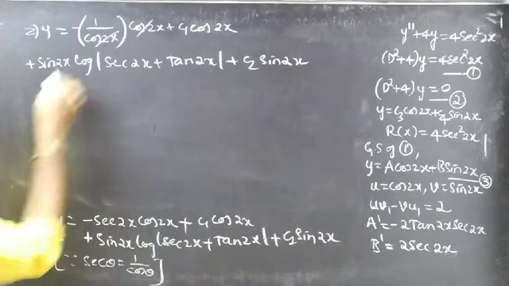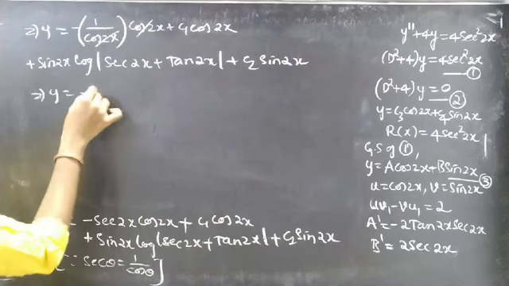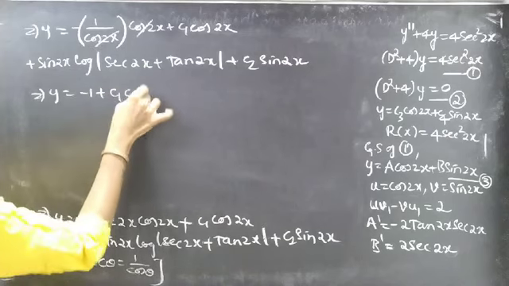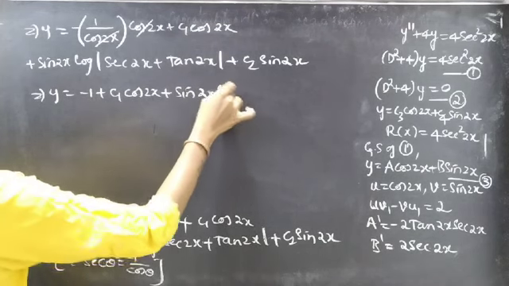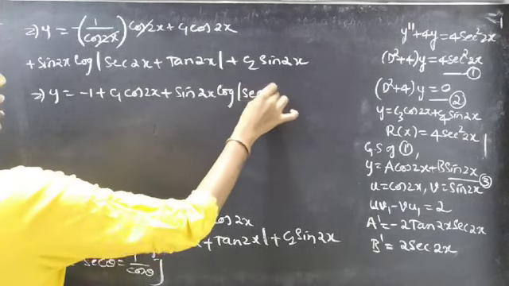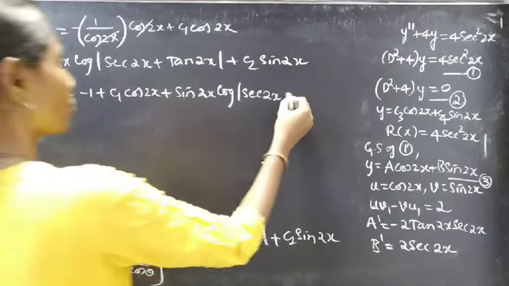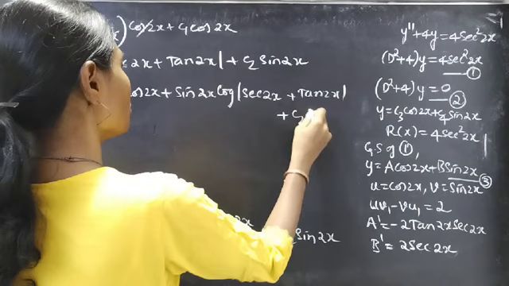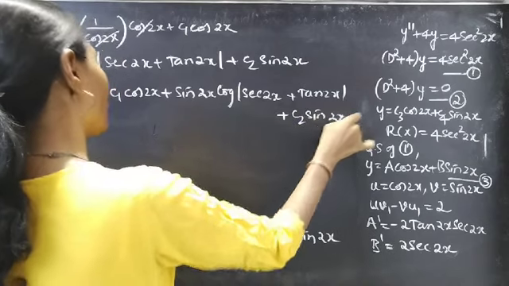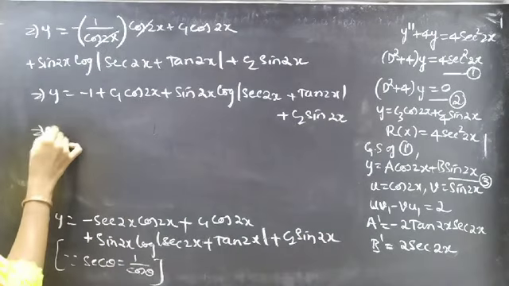Here cos 2x gets cancelled and we'll get y equal to minus 1 plus c1 cos 2x plus sin 2x into log mod secant 2x plus tan 2x plus c2 sin 2x. Or firstly write the terms involving c1 and c2.